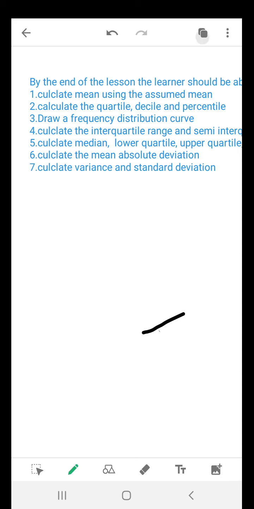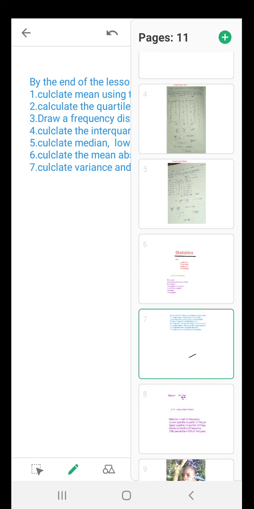So let's start with the first one, calculating the mean using the assumed mean.